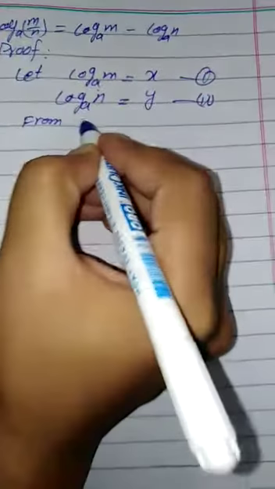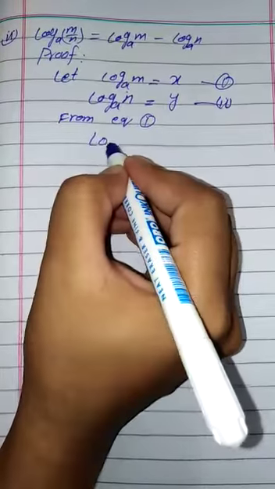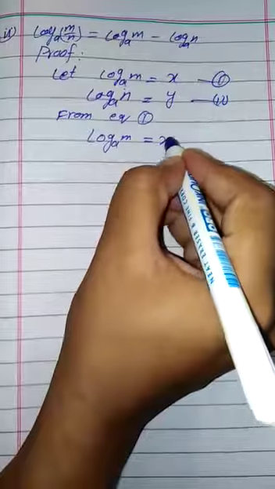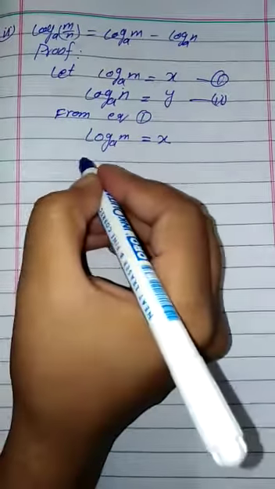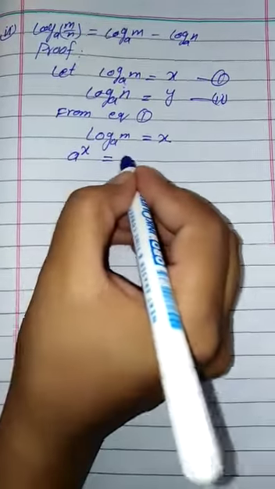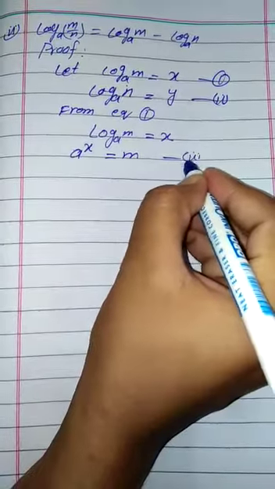Now from equation 1, log m with base a is equals to x. This is logarithm form. Now change in exponential form. A power x is equals to m. This is equation number 3.